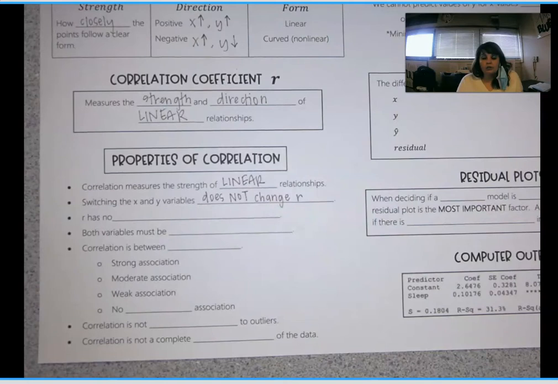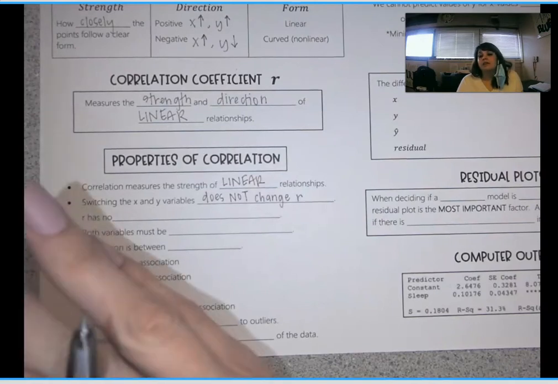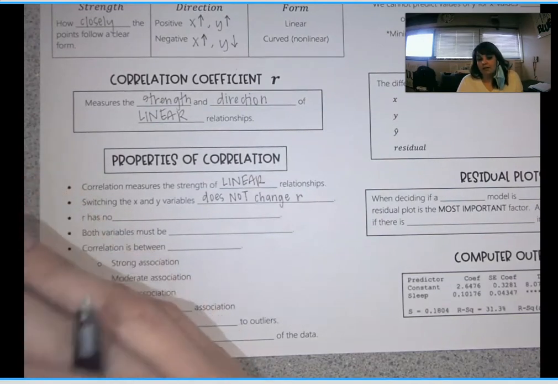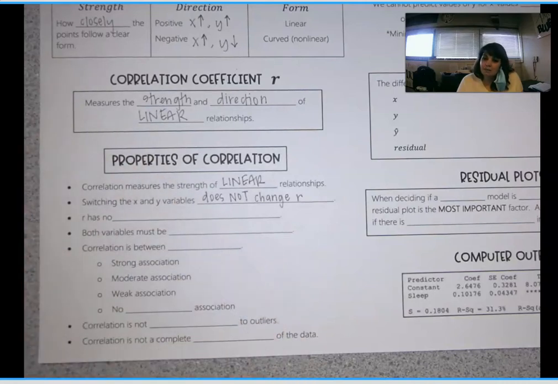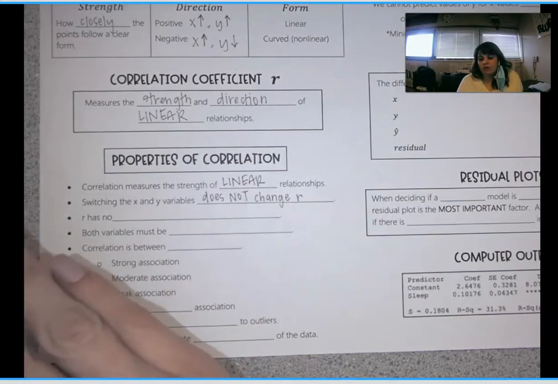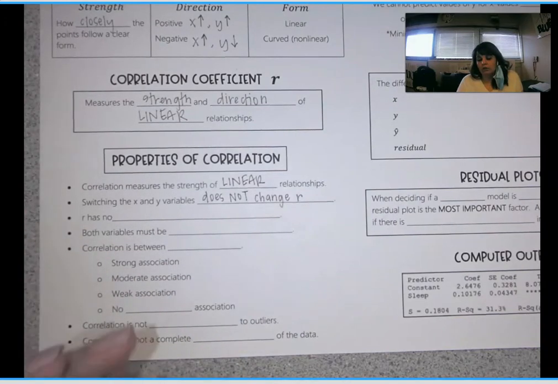You could use height as X and arm span as Y. You could also switch that and say arm span is X and height is Y. It doesn't matter which one is X or Y, the relationship between height and arm span will be the same. I guess I shouldn't say it doesn't matter which one is X or Y. It does, you do need to know which one is the explanatory or the response. But if for some reason you switch them, the correlation would still stay the same.